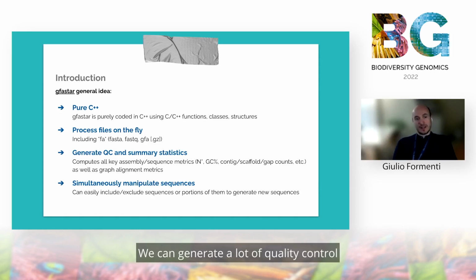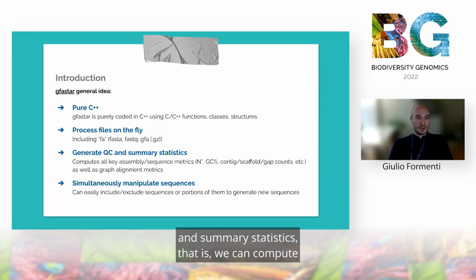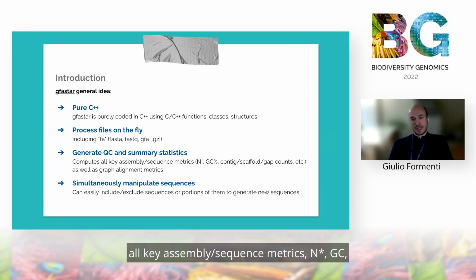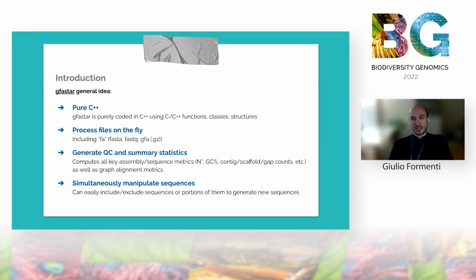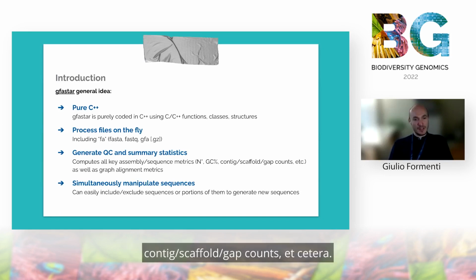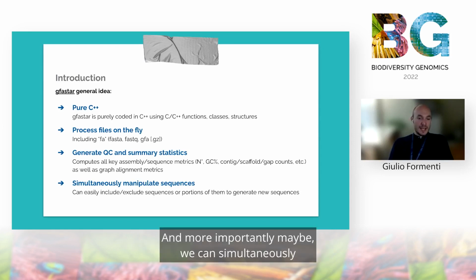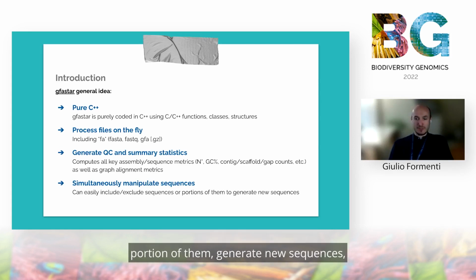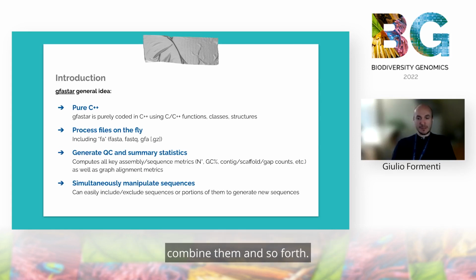We can generate a lot of quality control and summary statistics. That is, we can compute all key assembly and sequence metrics, N-star, GC, contig and scaffold gap counts, etc., as well as graph alignment metrics. And more importantly, maybe we can simultaneously manipulate the sequences. So we can, for instance, easily include, exclude sequences, portions of them, generate new sequences, combine them, and so forth.